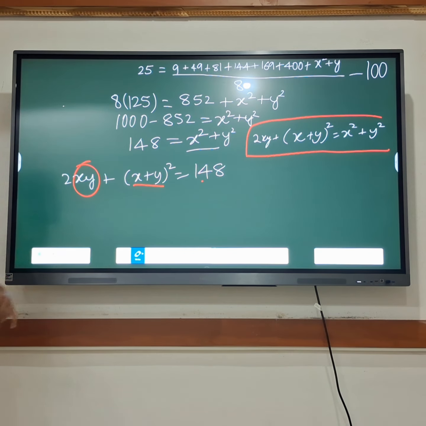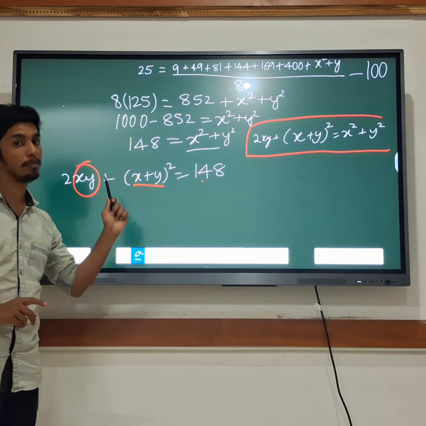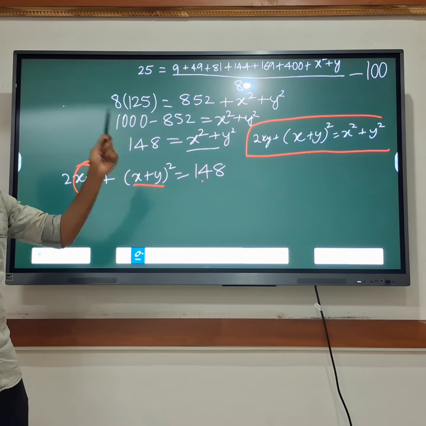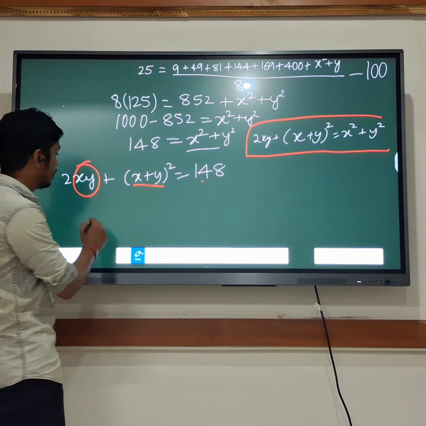Where can we get x plus y? Observe x plus y: the sum of the observations in x bar. See, what is x bar?